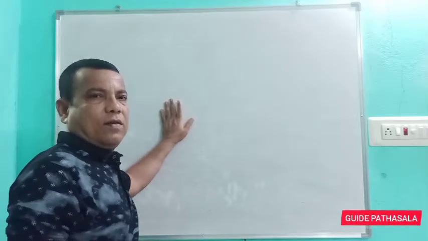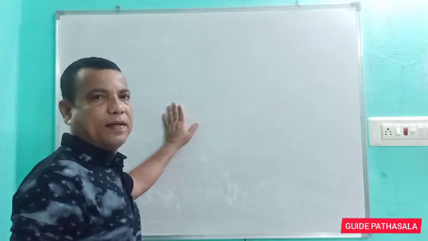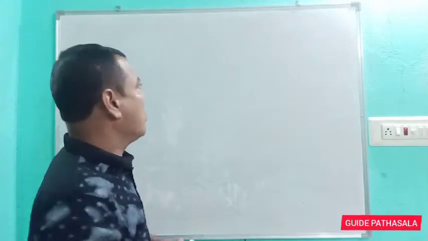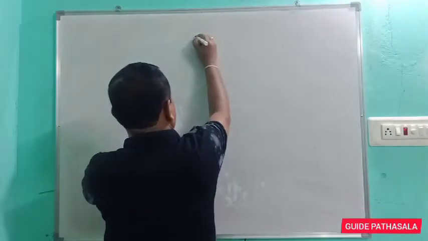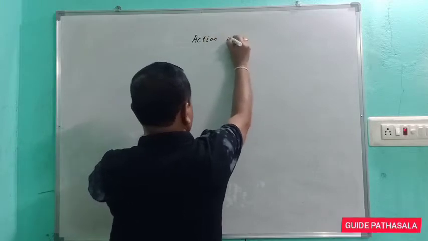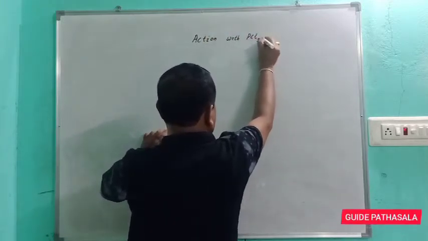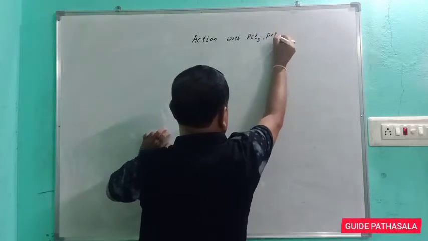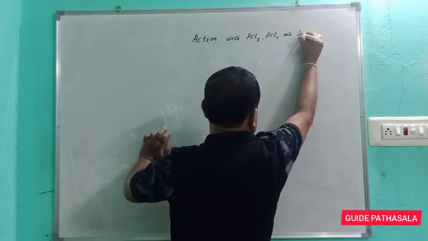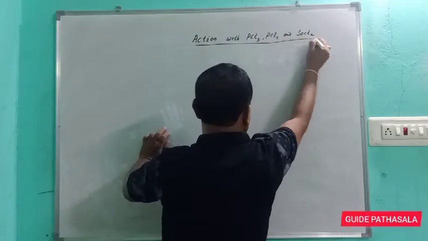Class, we discussed the action of PCl3, PCl5 and thionyl chloride, SOCl2, with carboxylic acids. First, the reaction with PCl3.